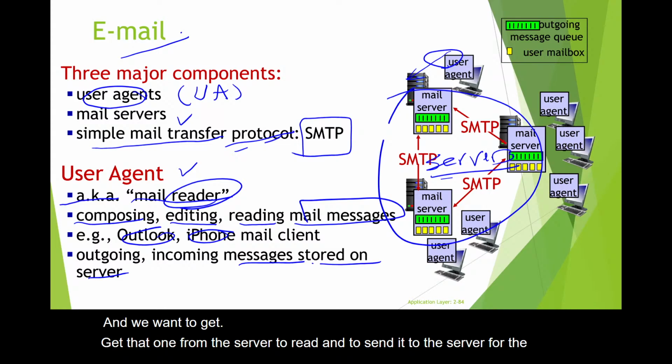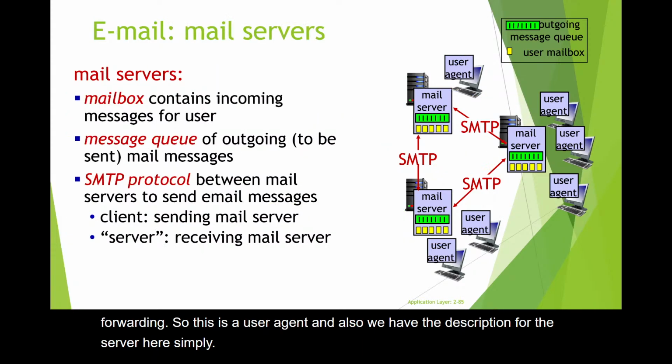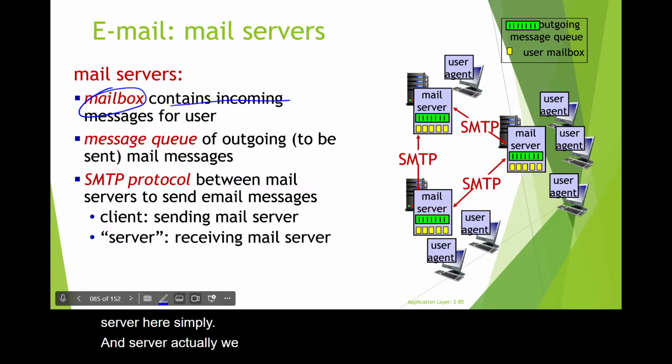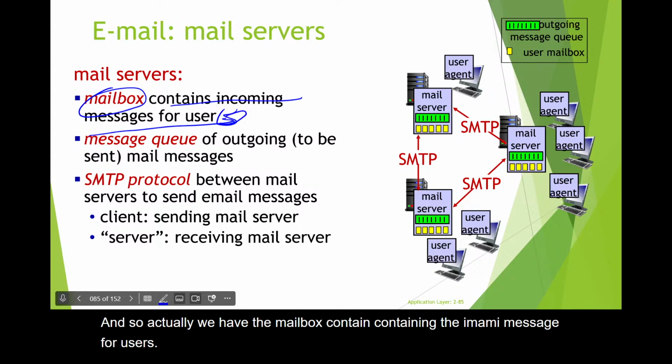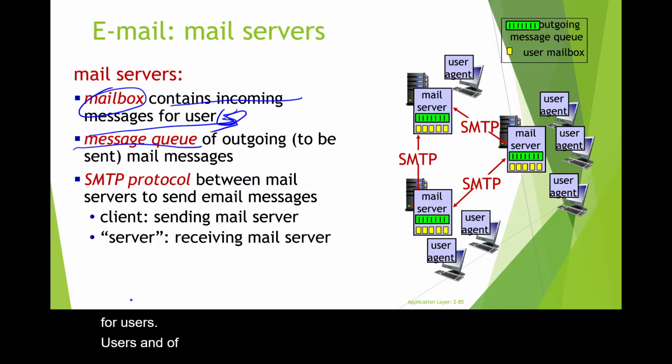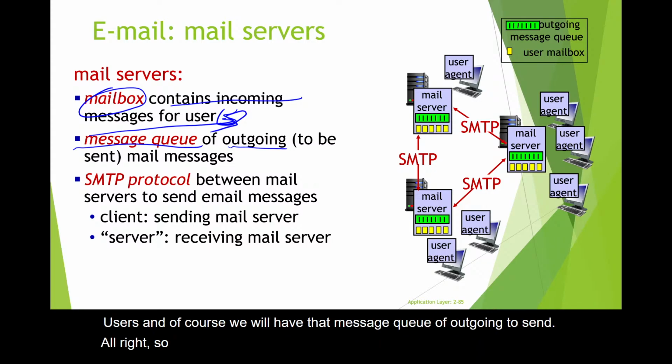So this is a user agent. And we also have a simple description for the server. The server has the mailbox to contain the incoming messages for users, and of course a message queue of outgoing messages to be sent.